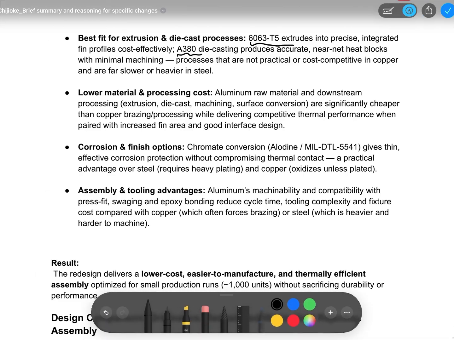These are the materials that you will use for the die casting and for the extrusion.